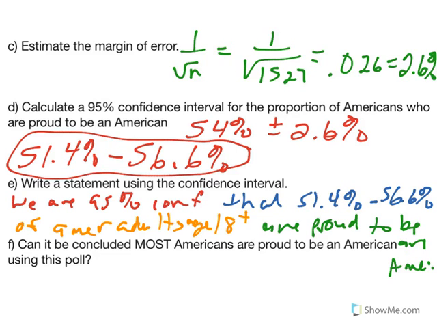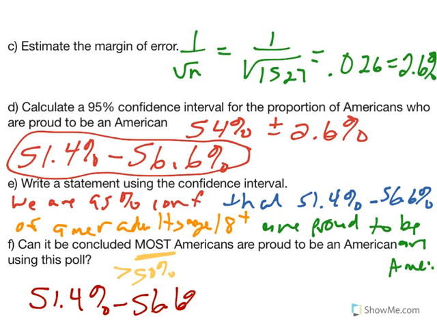Now, in letter F, can it be concluded that most Americans are proud to be an American using this poll? Well, remember that we're splitting hairs here, but most implies greater than 50%. 51% is most, right? It's a majority. So when you're looking for most, you've got to look at the entire confidence interval, and in this case, it's 51.4% to 56.6%.